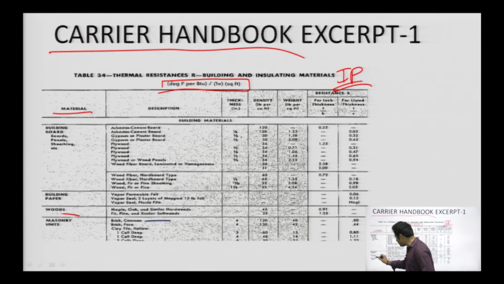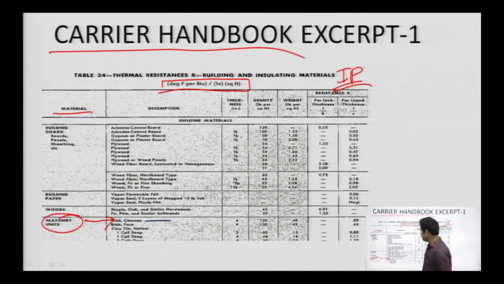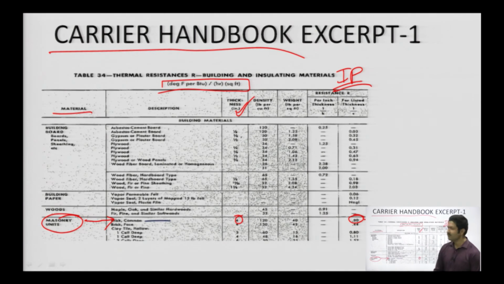Brick common for 4 inches of thickness gives 0.8. If you have 8 inches or 16 inches, just multiply 0.8 by that particular multiplier, and you will get the resistance of that brick wall.